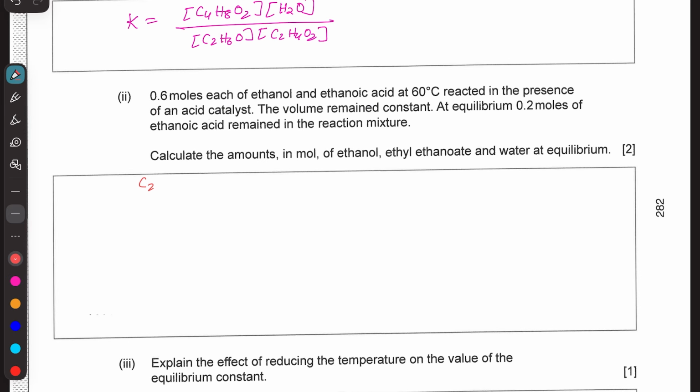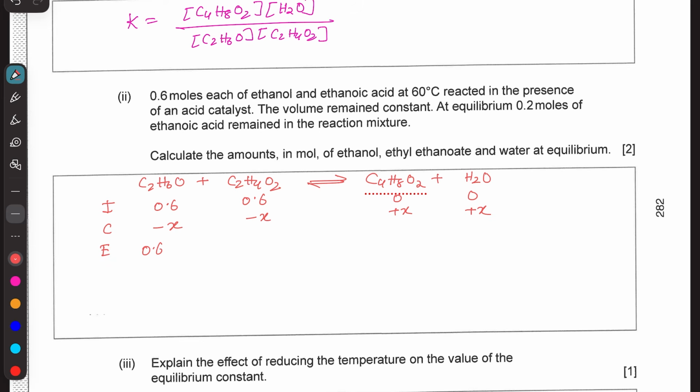If I just write the reaction, initially you have 0.6 and 0.6. Let's say X moles of these reacted and X moles of these formed. At equilibrium, you'll have 0.6 minus X, 0.6 minus X, and these will just be X.